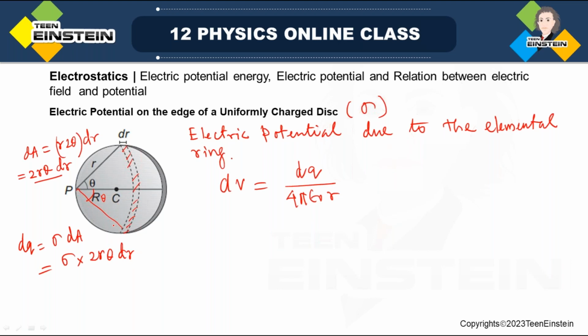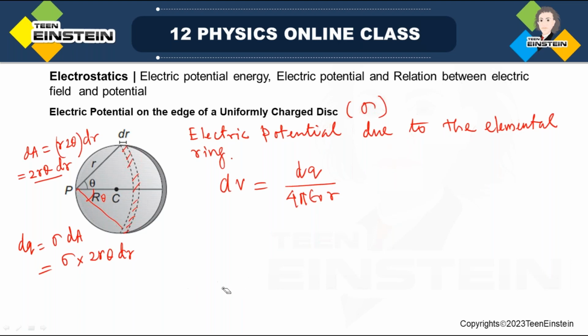Otherwise, you might be thinking 2 pi r dr, but here we are not getting the full ring, so it is not 2 pi r dr. In case of a ring, generally we write 2 pi r sine theta dr, which is for a spherical shell.